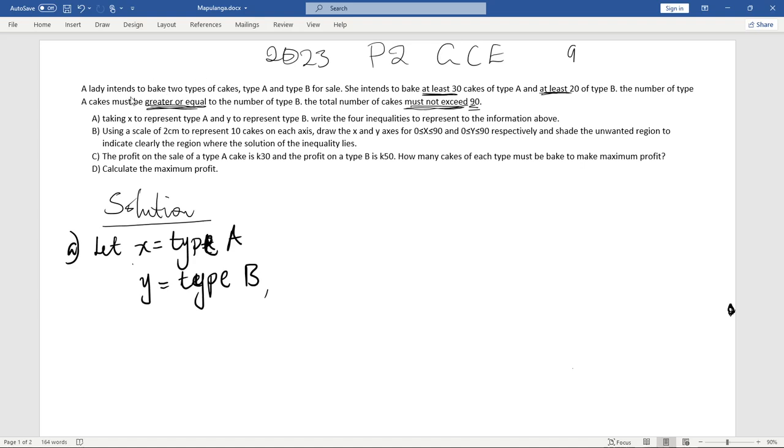The first inequality is going to be for type A. Remember, type A cakes are represented by X, so here we're going to say X.